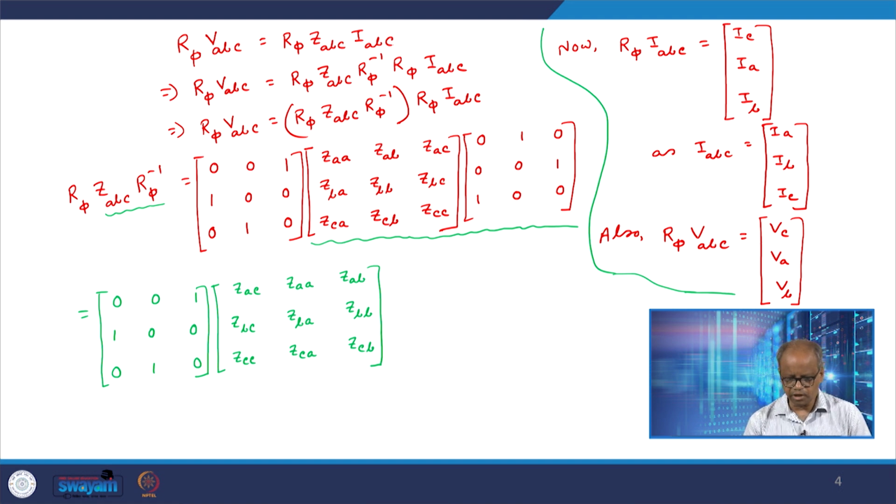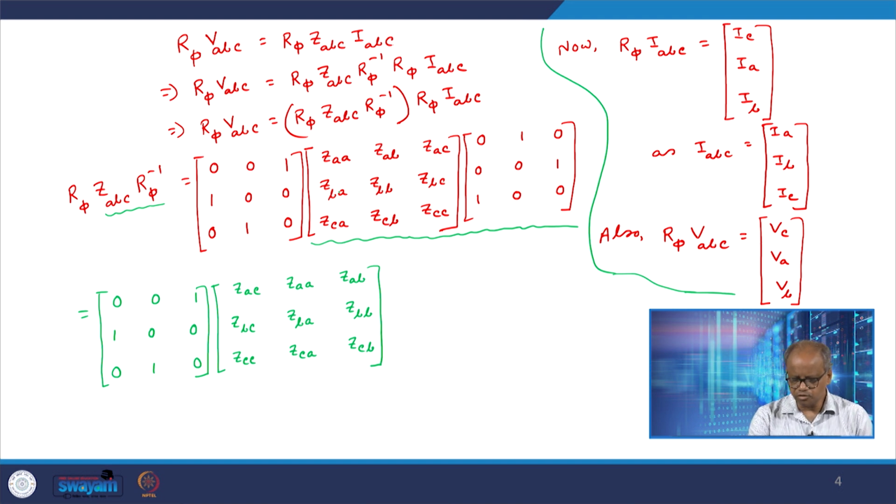Now let us look at the effect of this. Here I can say this is column 3, column 1, column 2, and this is position 1, position 2, position 3. So the third column Z_AC, Z_BC, Z_CC has been shifted to the first position.